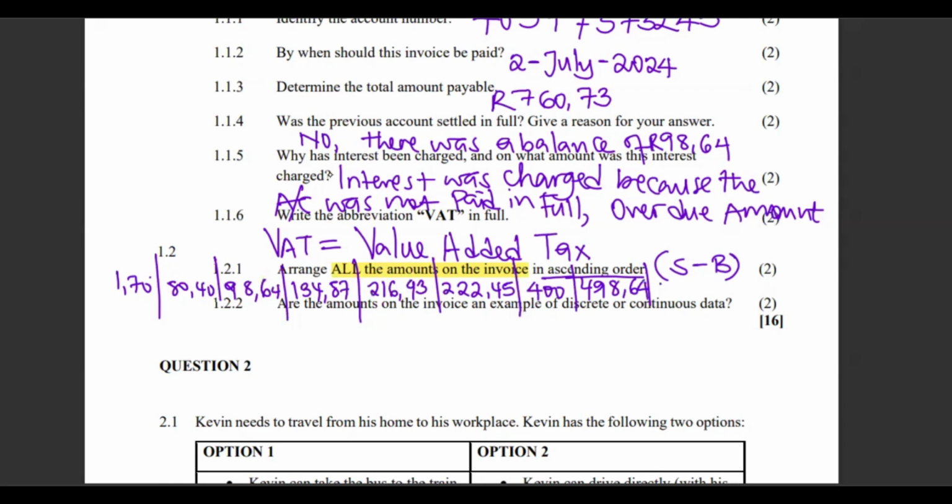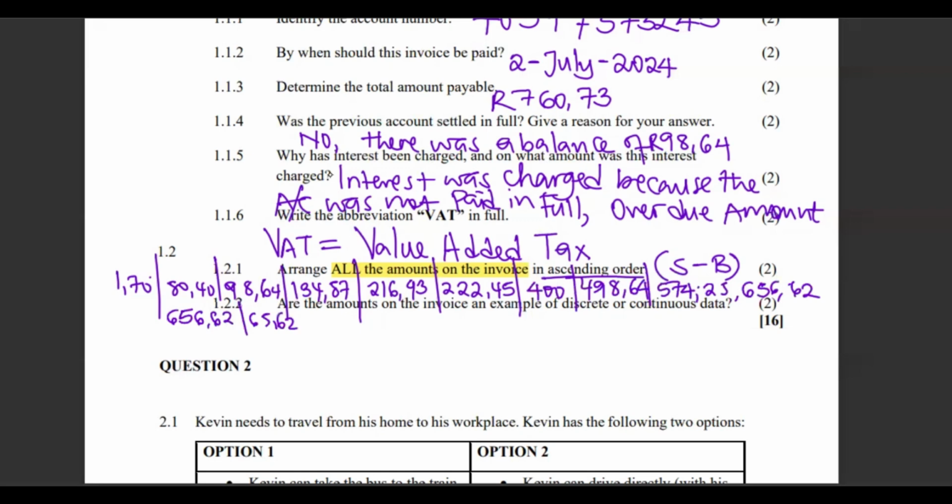Then we go to 574.25, then we have 600. 656, 3 times, 656.